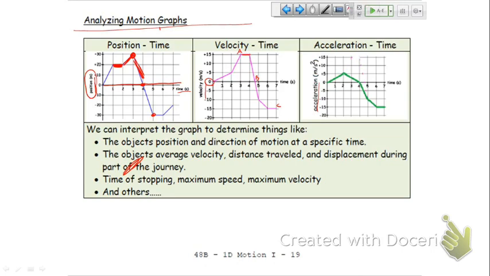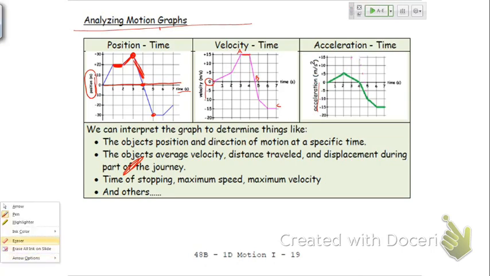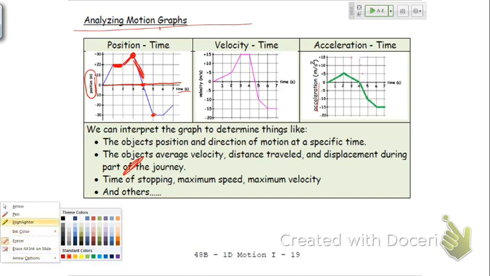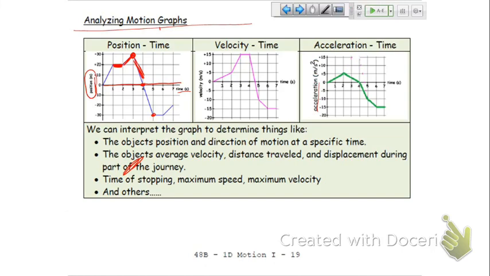Can you tell me what is the actual time when you stop? You're going to have to shout this out. Can you get me the actual precise number? It's not 0.5.